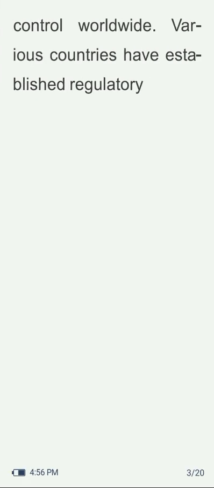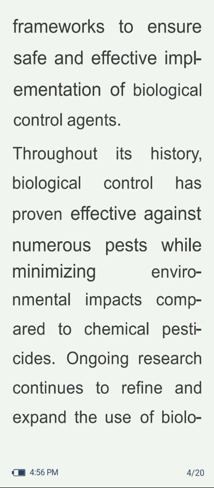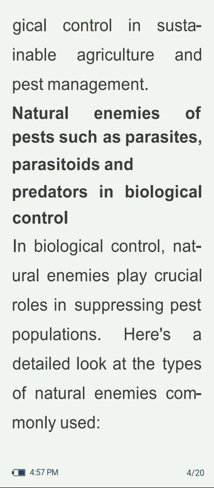Various countries have established regulatory frameworks to ensure safe and effective implementation of biological control agents. Throughout this history, biological control has proven effective against numerous pests while minimizing environmental impacts compared to chemical pesticides. Ongoing research continues to refine and expand the use of biological control in sustainable agriculture and pest management.